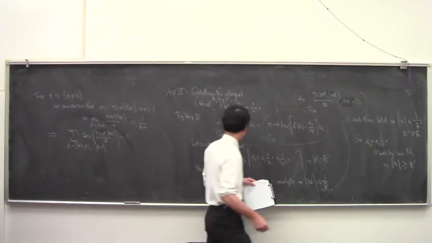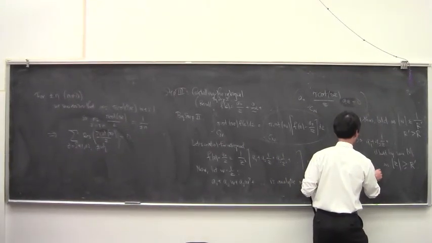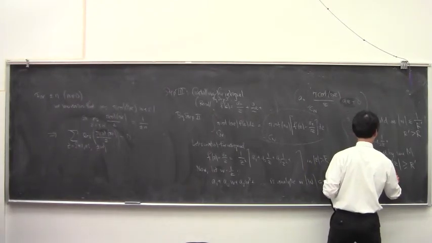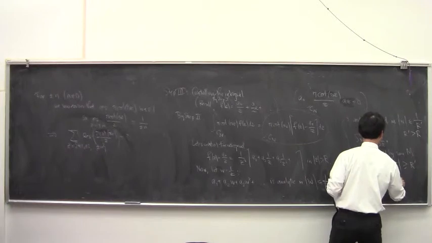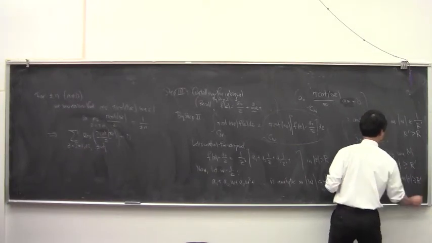And so the actual value of f of z minus a naught is bounded by m over the modulus of z squared outside of the r prime disk.